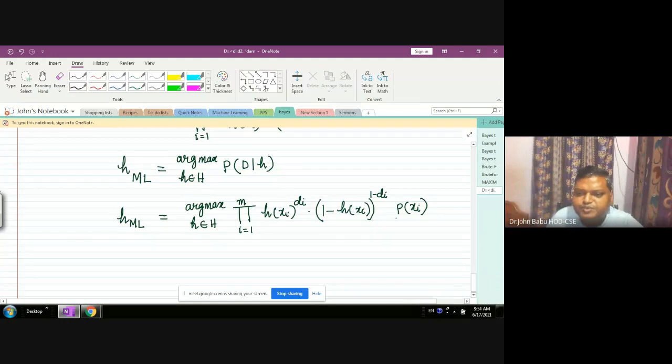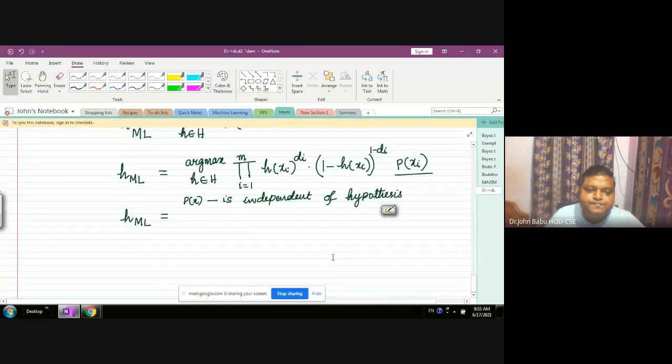So this can be dropped because it is independent of the hypothesis. It is a prior probability, so it has nothing to do with the hypothesis. So we can drop it.